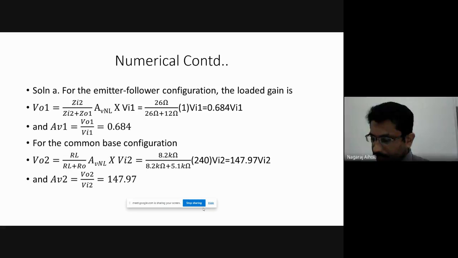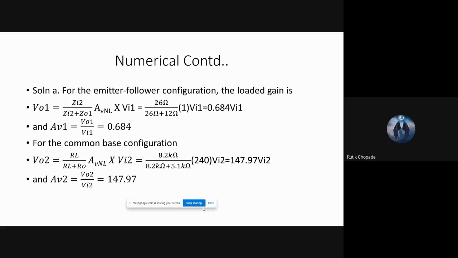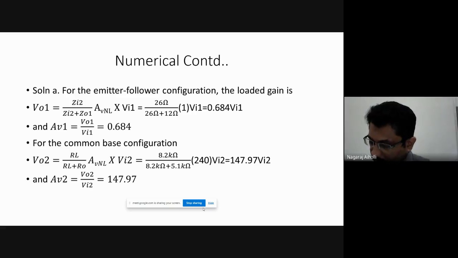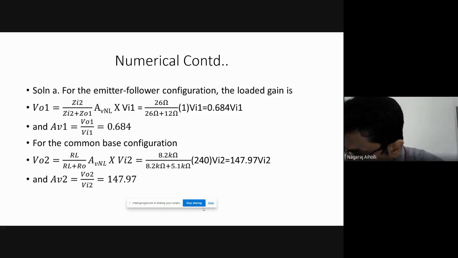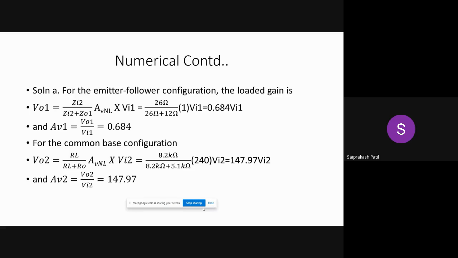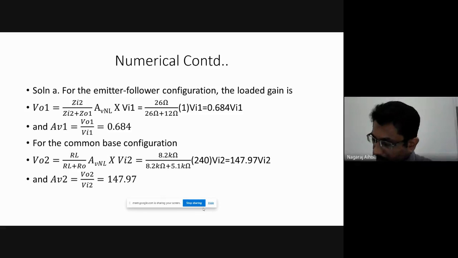Yes, sir. Everything is clear, sir. Okay, fine. Rutik Chopde? Yes, sir. No doubt, sir. Clear, sir. Fine. Sai Prakash? Yes, sir. No doubt, sir. Good.